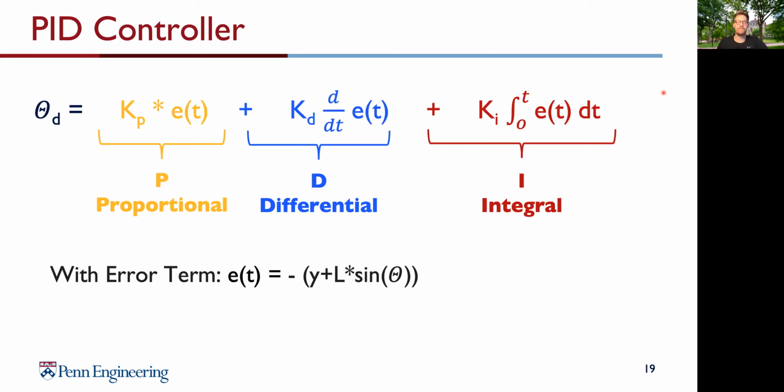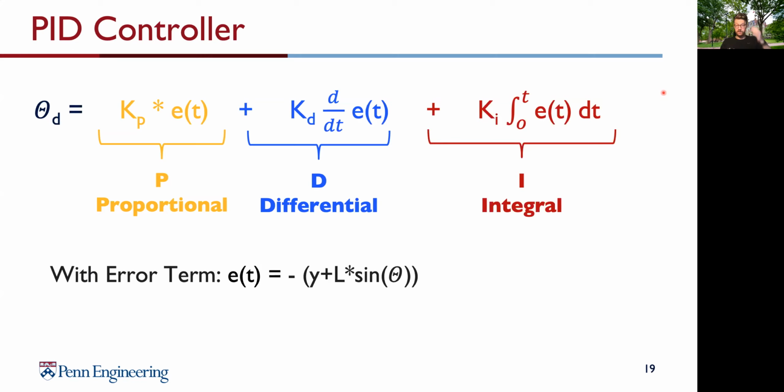So to sum it up, this is our PID controller based on the error e(t), and this error term is defined again by the distance to the reference line and the path along the wall.